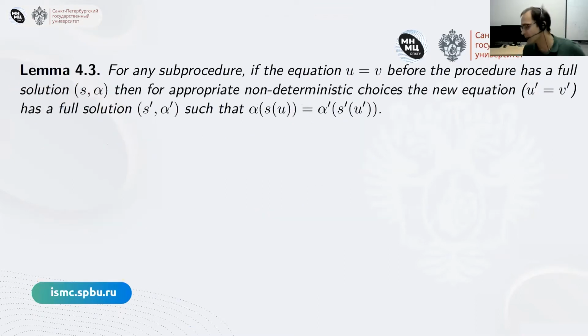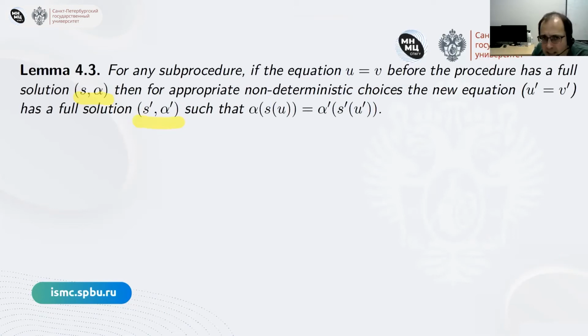And the claim is that everything is fine in the sense that if we have any procedure in our original algorithm, and there was a full solution, then for appropriate non-deterministic choices of the algorithm, the new equation also has a full solution.